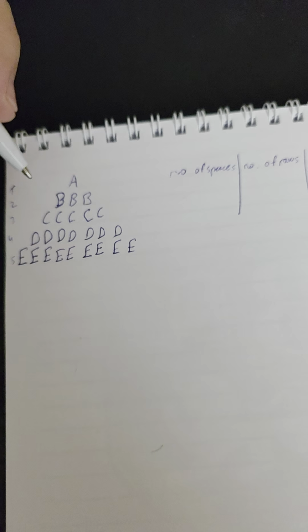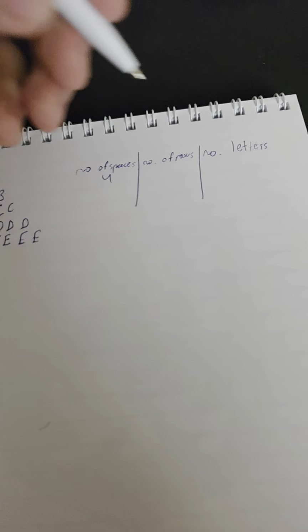Initially, there are 4 spaces, and this is the first row, and the number of letters also equals 1.